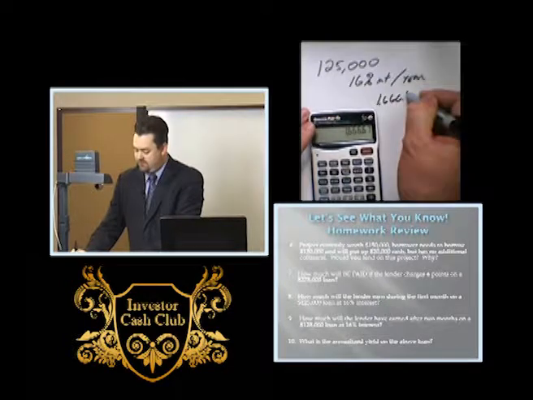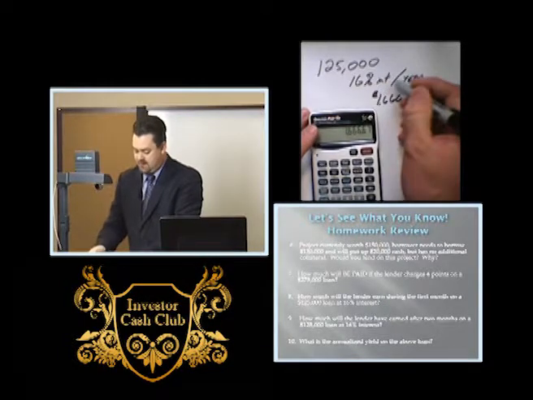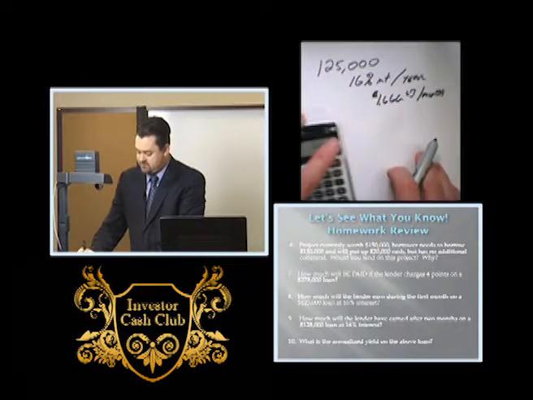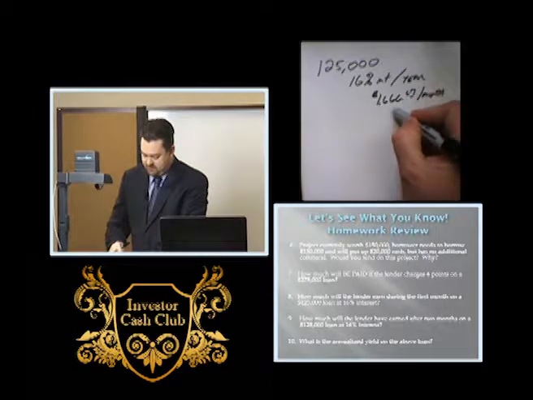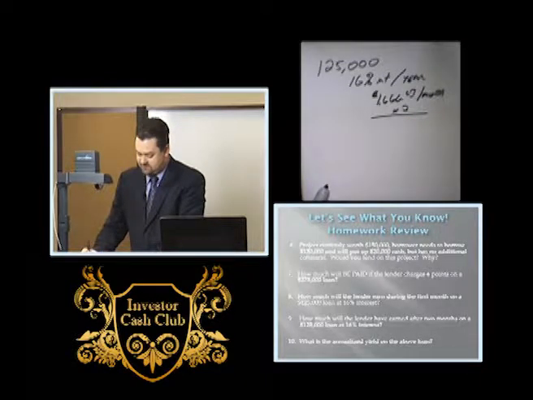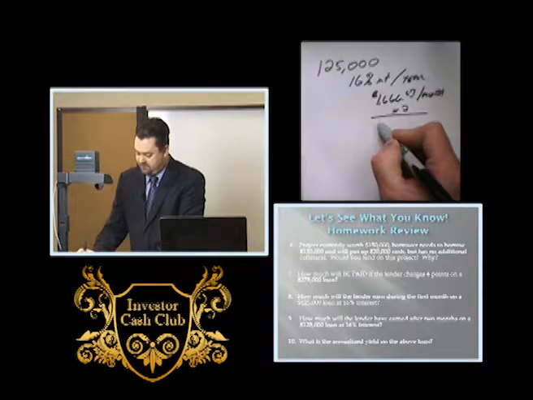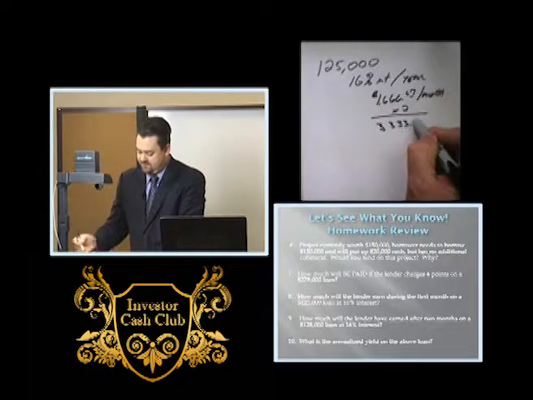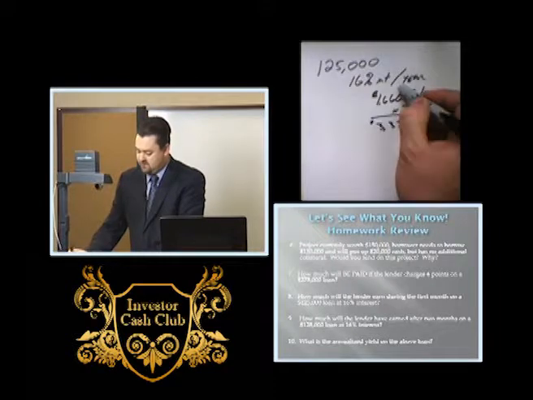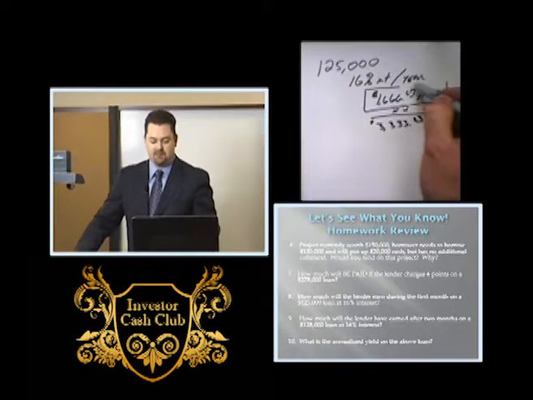That is our per month fee. However, if we just take this times 2, because the question is what are we going to earn over 2 months, you'll see that it's $3,333.33. This makes the assumption that the borrower is going to deliver to us real-time monthly payments.